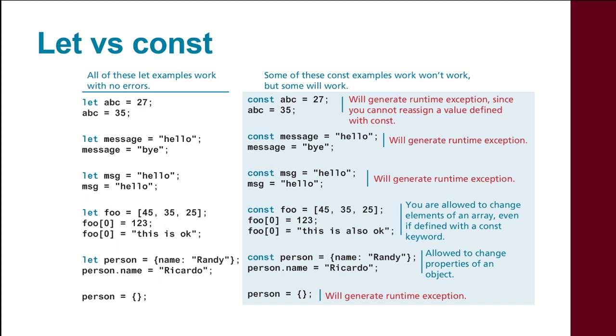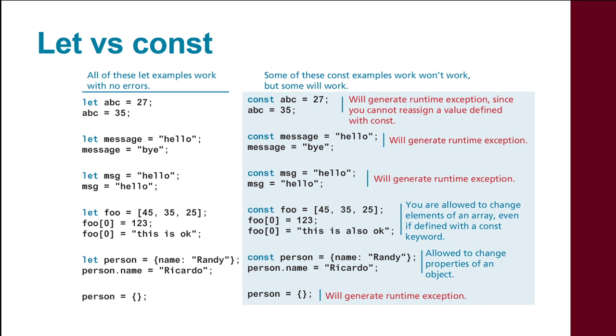So those first two examples are setting ABC to 27, then trying to set ABC to a different value. It's not going to work. Same thing with the next two down. It's just setting that message and then trying to set it to something else. And even that third one where it's setting it to the same thing, it's going to break, because if it sees that const there, it's set that first time. Anytime you try to reset it, break.